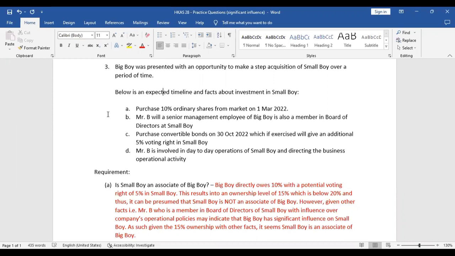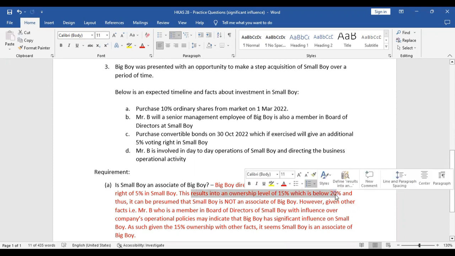And then there are other factors based on which you judge significant influence. In this case, the cumulative ownership is 15%, which is below 20%. So I say here this results in an ownership of 15%, which is below 20%. Therefore, you will have to consider other factors to determine if big boy has significant influence over small boy.